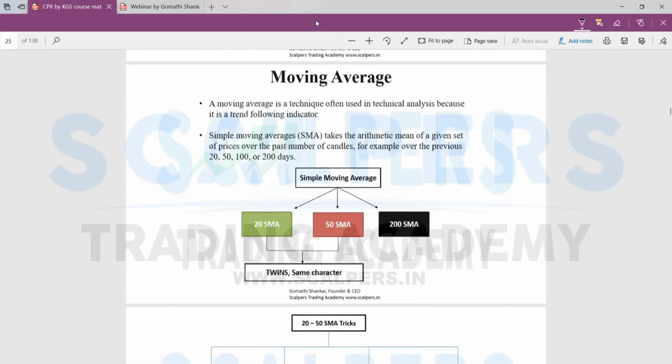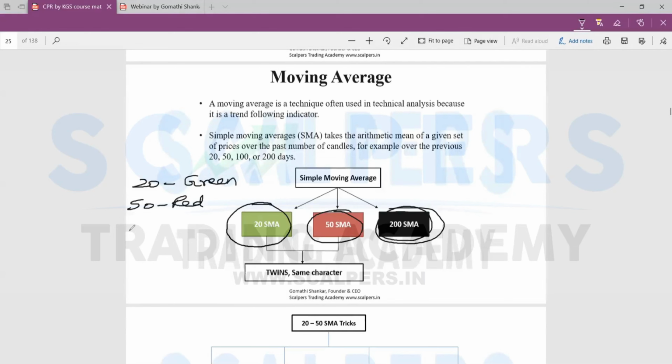In this simple moving average, we are going to follow 3 important time frames: 20 SMA, 50 SMA and 200 SMA. For 20 SMA, use green color. For 50 SMA, use red color. For 200 SMA, use black color, or white.